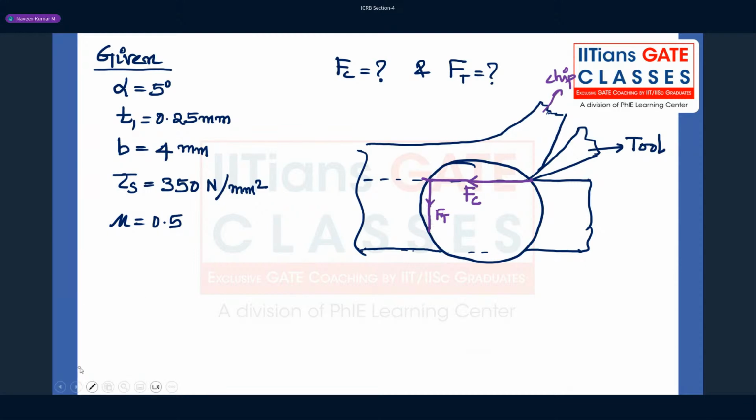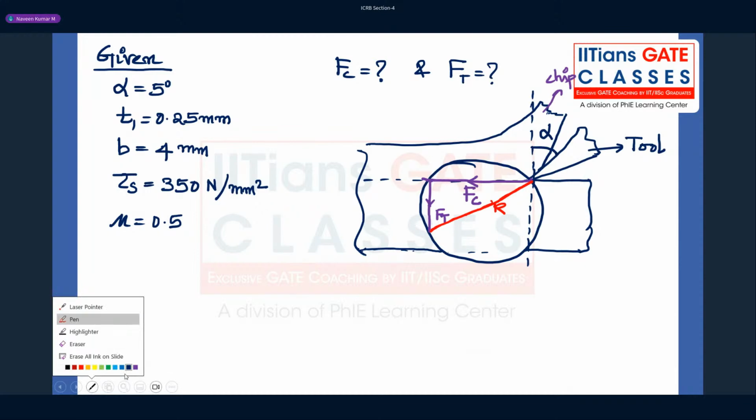This is the resultant R. If you take this line here, the angle that is made here is what is called the rake angle, alpha.